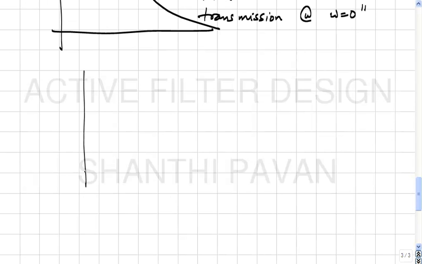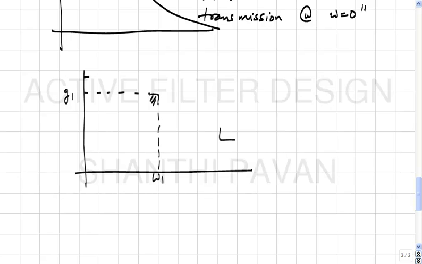So, let us say you want the DC gain to be 1. At omega 1, you want the gain to be at least G1. At omega 2, you want the gain to be at most G2, correct? I mean, that's how you specify a filter.